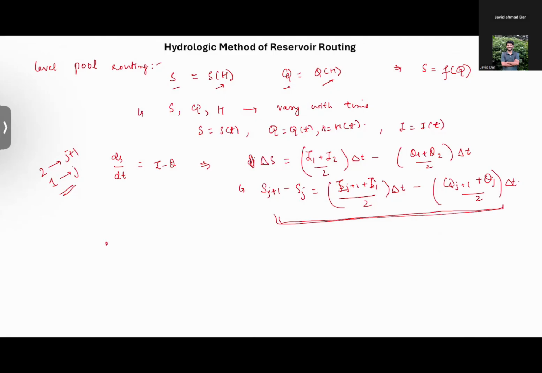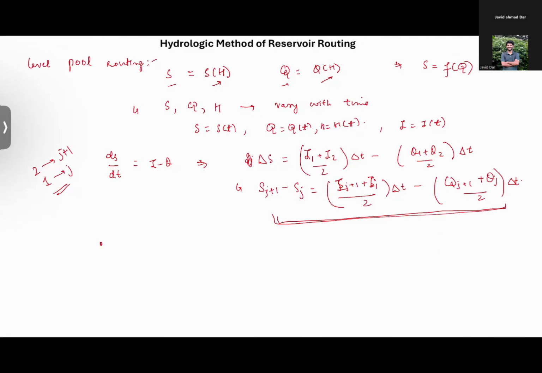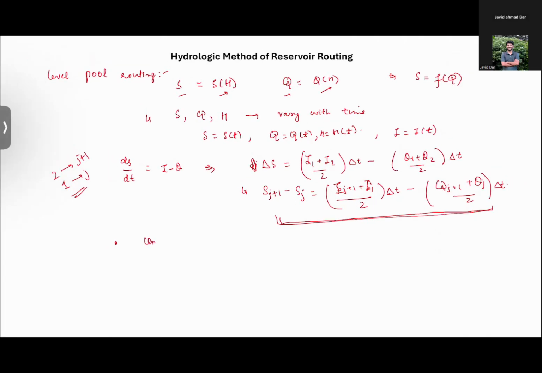So now let's take a simple case of an uncontrolled spillway reservoir. In this case, discharge can be directly computed using this equation, where the coefficient of discharge C_d is constant and the only variable on the right side is the head.